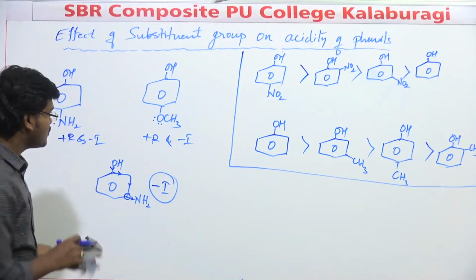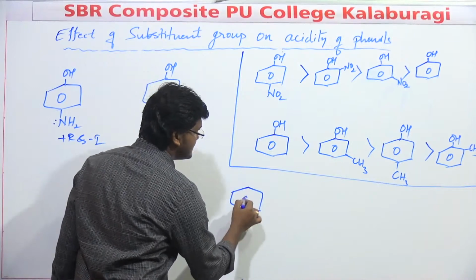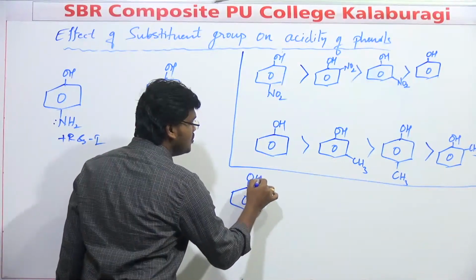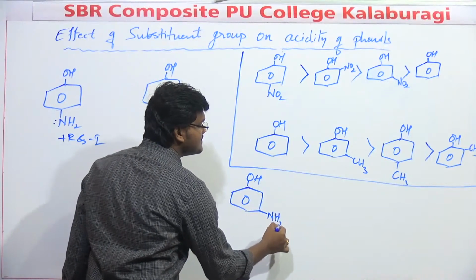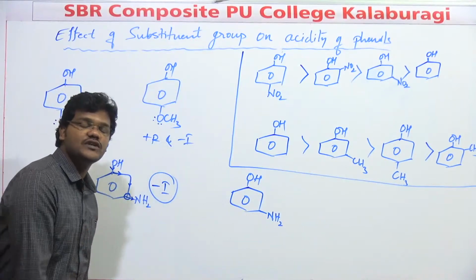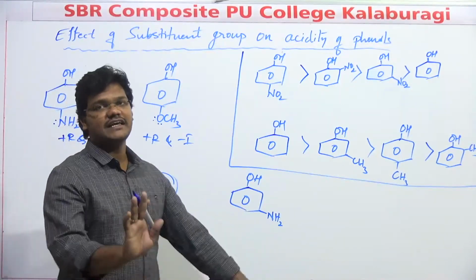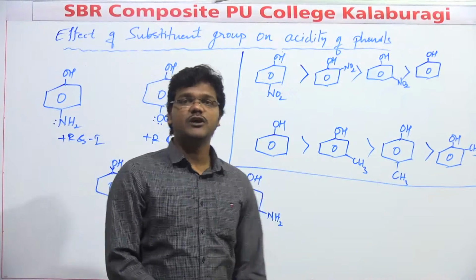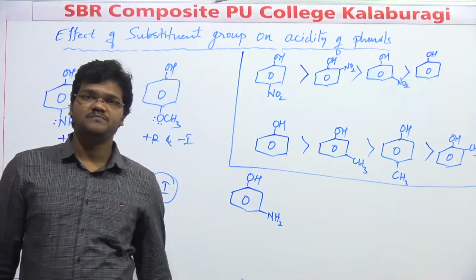So one thing I got to know, whether it is NH2 or OCH3, meta-substituted phenols or aminophenol is more acidic. That is more acidic compared to ortho and para-substituted aminophenol.